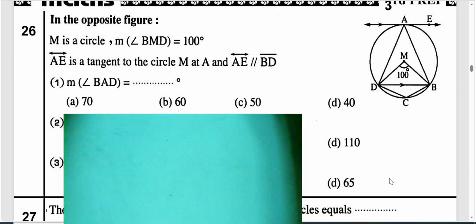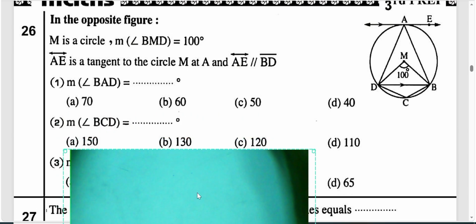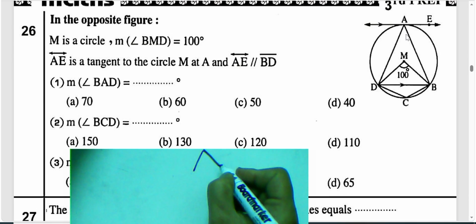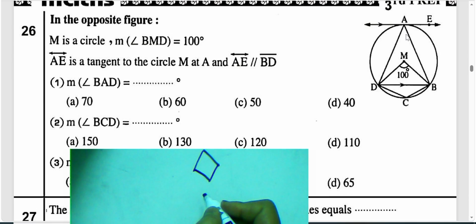Next question down. Number 2, what is the measure of angle BCD? BCD will be supplementary to angle A. Angle A was 50 degrees. Do you remember with me? We have a cyclic quadrilateral here.